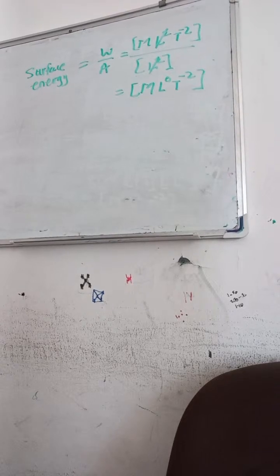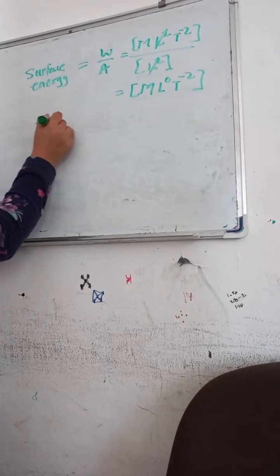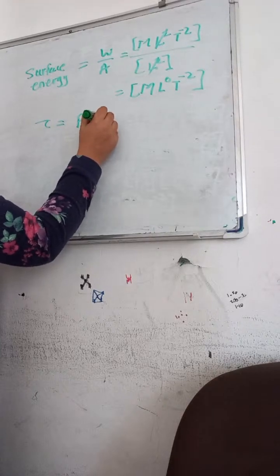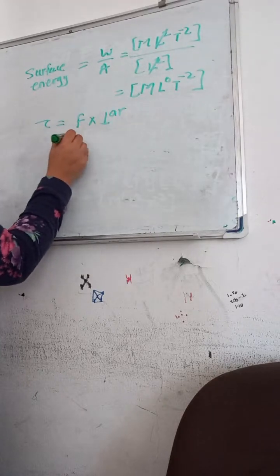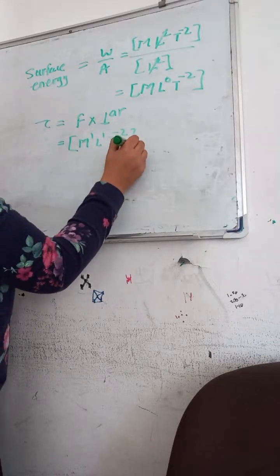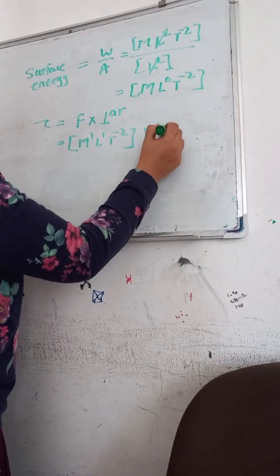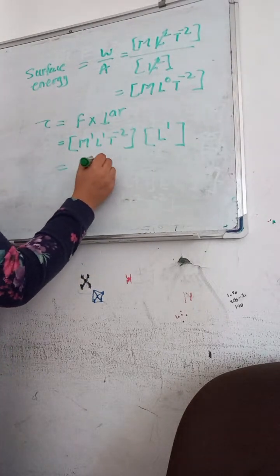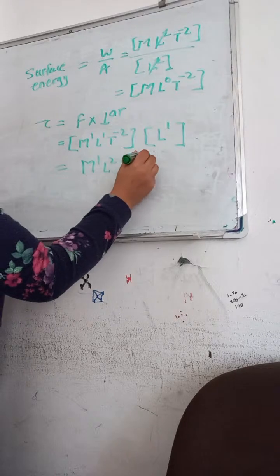Similarly we can find the torque also. Torque tau is equal to force into perpendicular distance. Force dimensions we know m1 L1 T minus 2, and perpendicular distance is related to length raised to 1. So here m1 L raised to 2 T raised to minus 2.